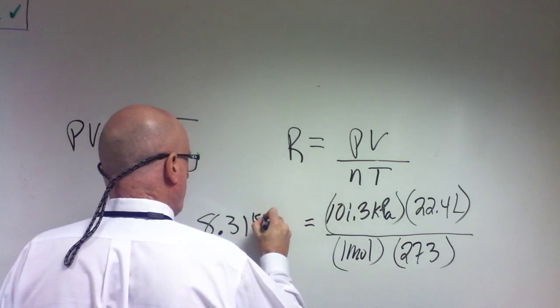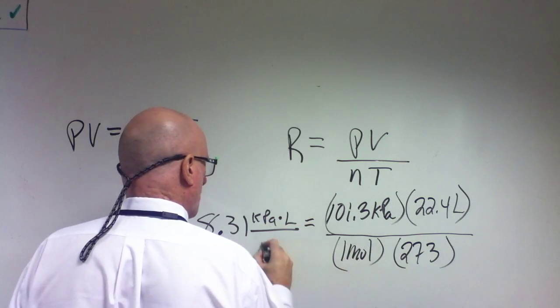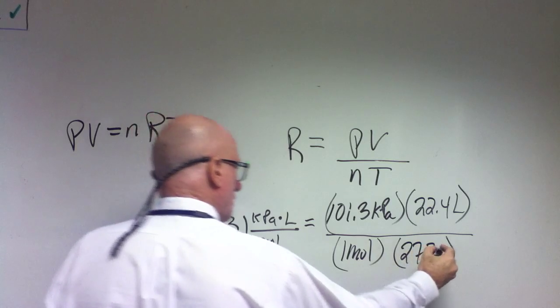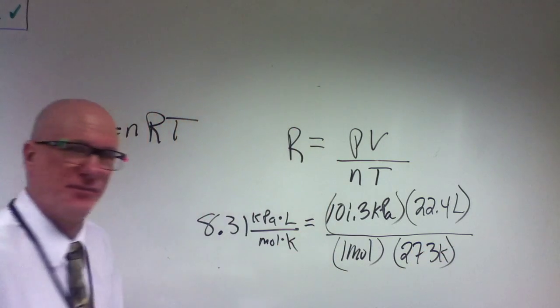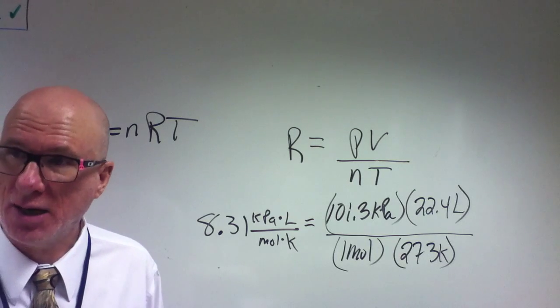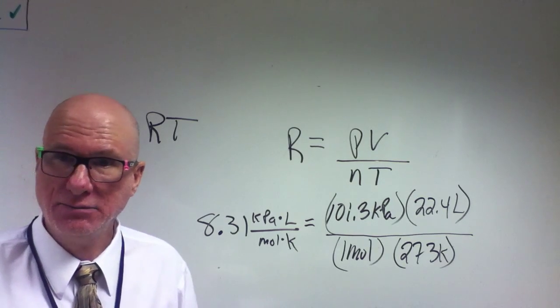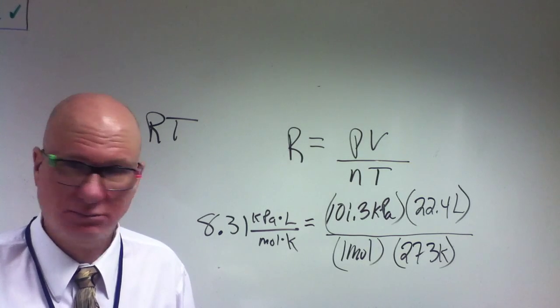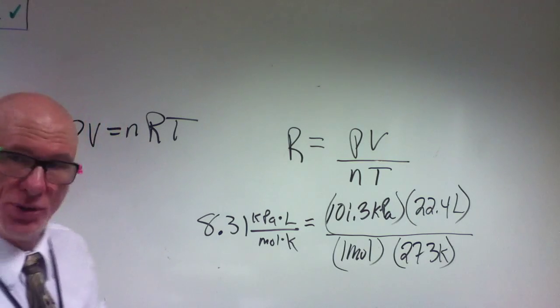And it's going to be kilopascals liters over mole Kelvin. You get it? That's how you calculate R if you had to. Okay? Easy? But it's going to always be 8.31.